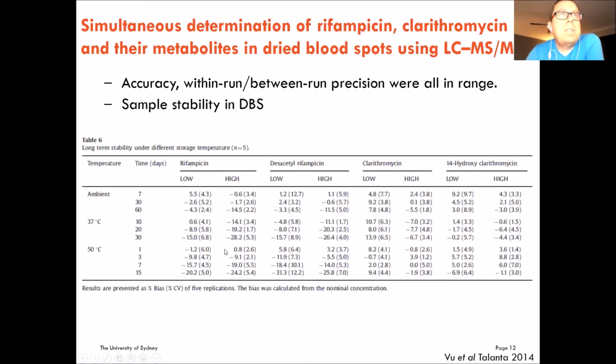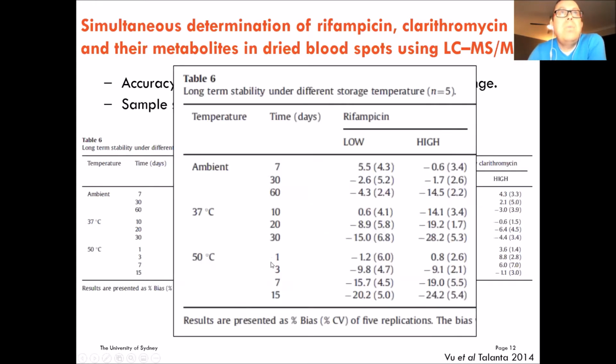But the most interesting part for us was, of course, the sample stability. And particularly when we looked at rifampicin, we found that at ambient temperature, at 60 days, the results were quite okay, if we compare it to 48 hours in a standard blood sample.